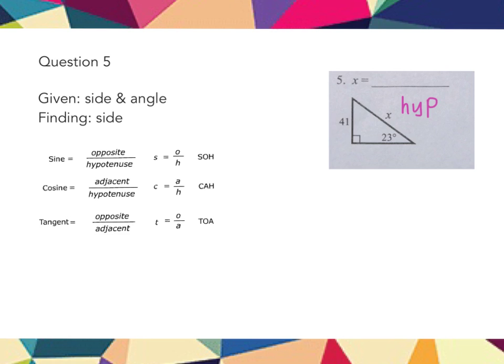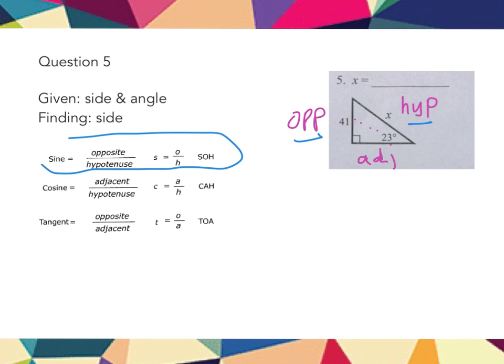So in this case, 41 is opposite because it's directly opposite that angle, and this would have been our adjacent side. All right, so since we are solving for the hypotenuse using the opposite side, that's going to be our sine function. So we're going to use the ratio of the opposite over the hypotenuse to do this.